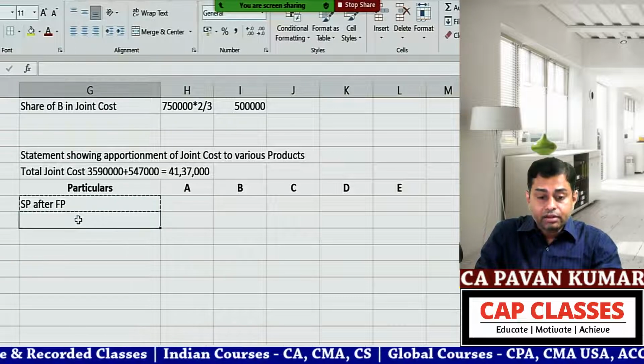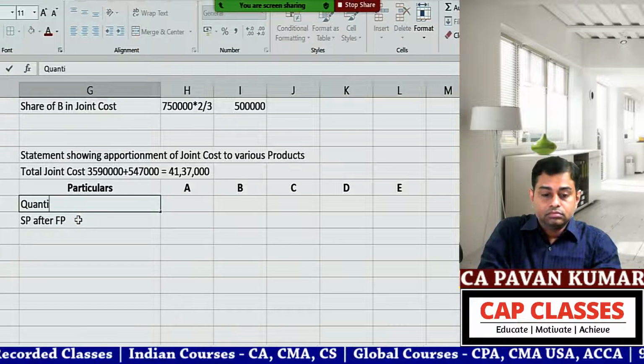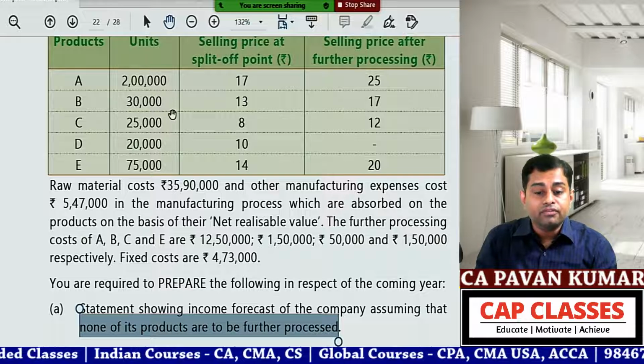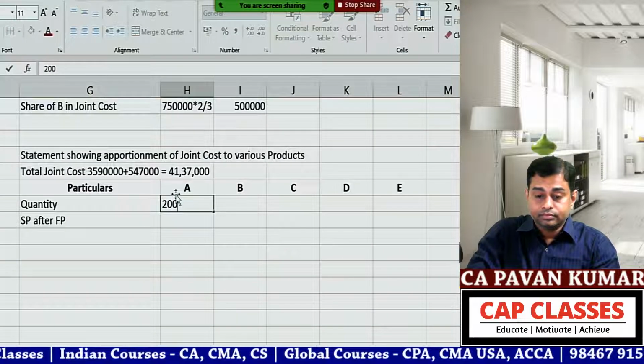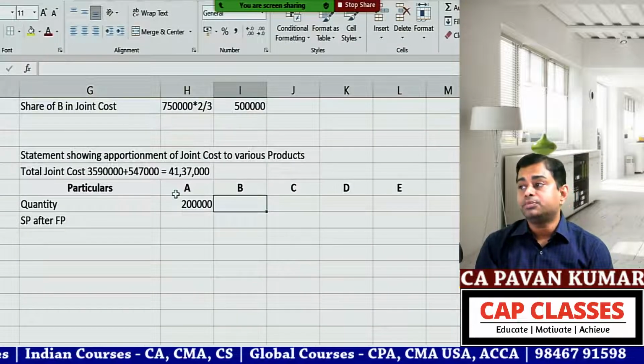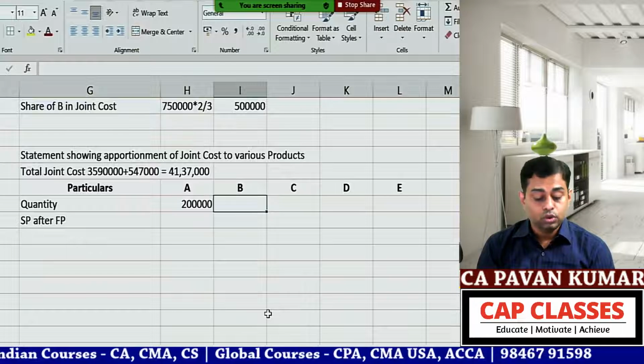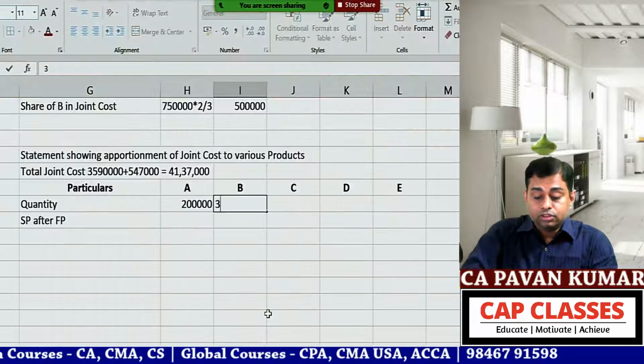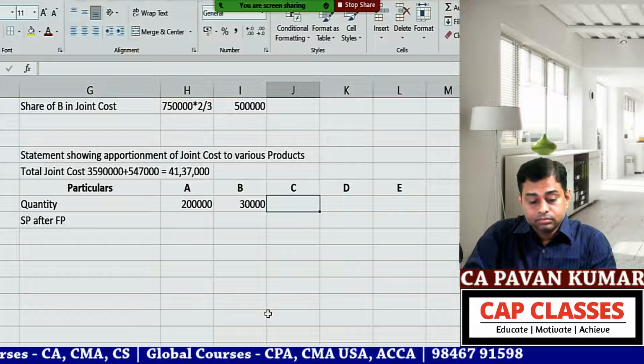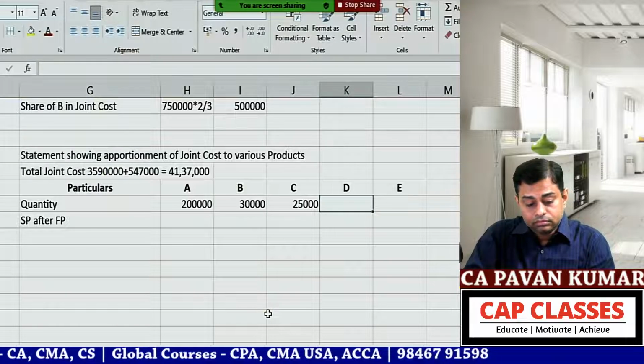First take quantity. What is the quantity of A? 2 lakhs. Come here, tell me the quantities. 2 lakhs, then B 30,000, 25,000, 20,000, 75,000.